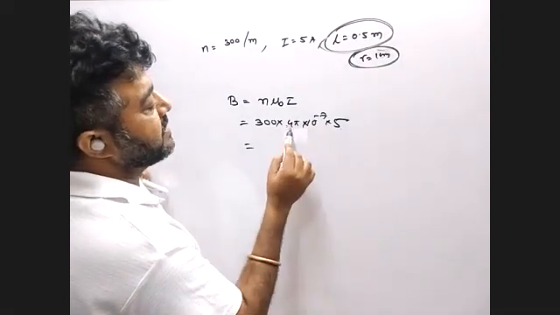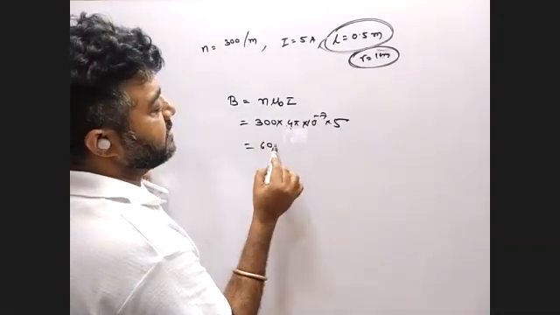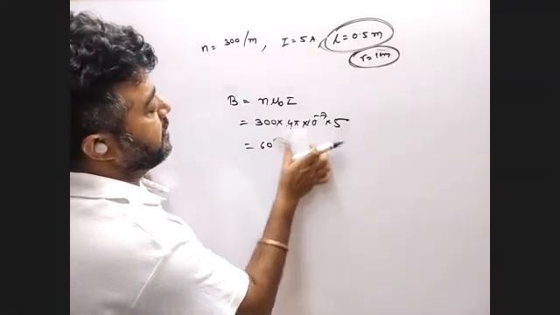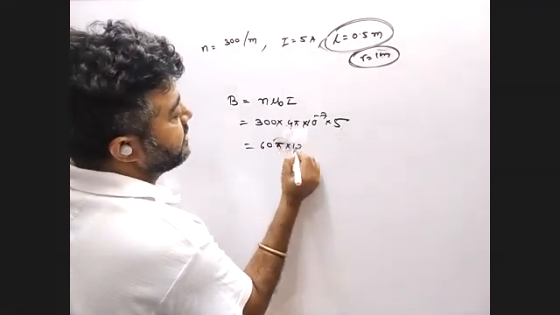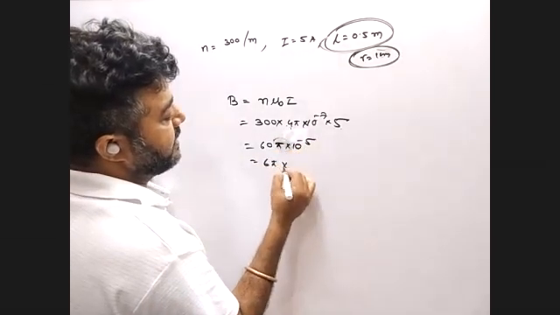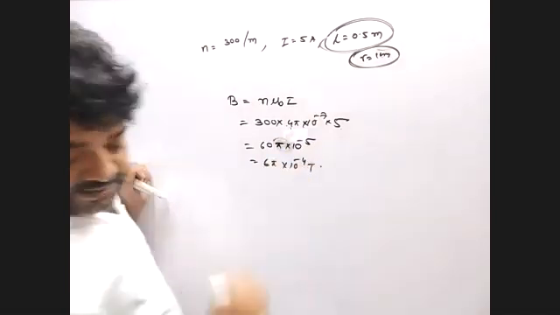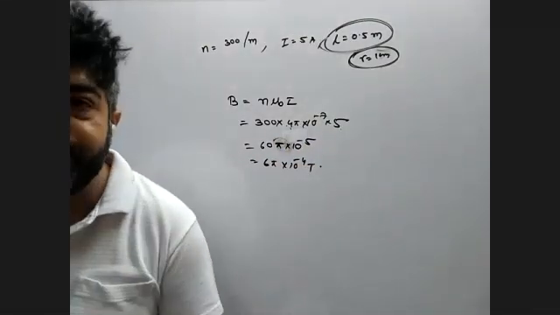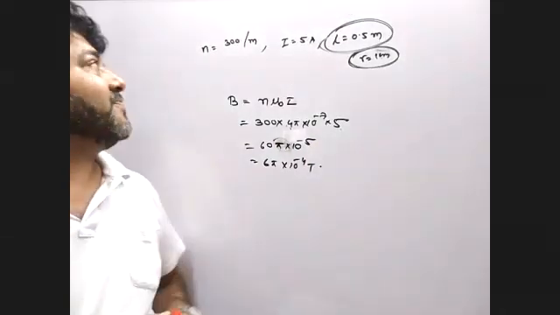That is 60 pi into 10 to the power minus 5, that is 6 pi into 10 to the power minus 4. Yes or no? Yes, sir. So this is my first question.